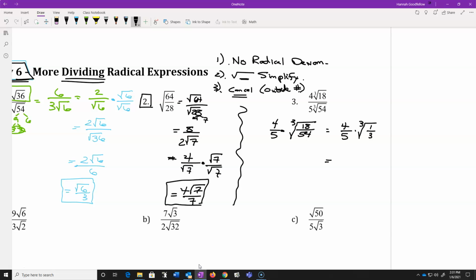And now I can separate the house back into 2 separate houses. 4/5 is going to be multiplied by the cubed root of 1 over the cubed root of 3. And the cubed root of 1 is just the number 1. So I think that's going to be okay. Now we've got 4 over 5 times the cubed root of 3. Okay, now that cubed root of 3 is still a big problem down the bottom.